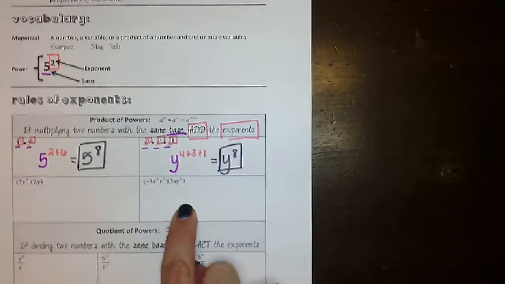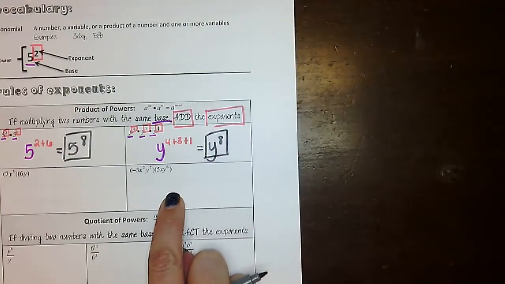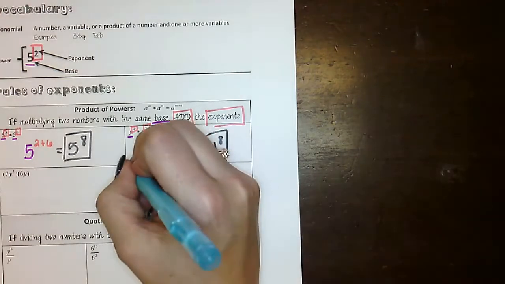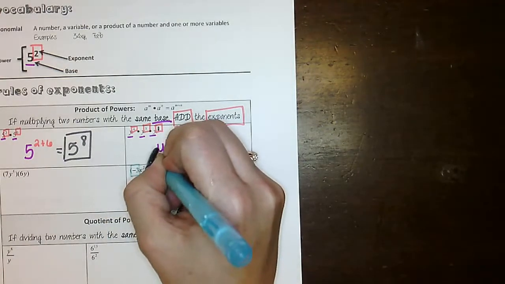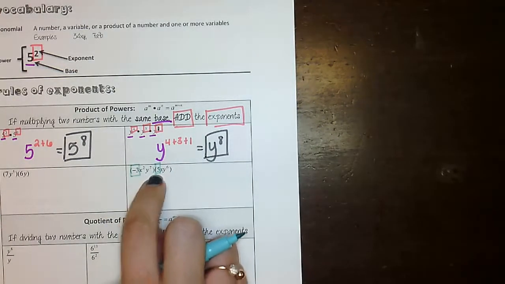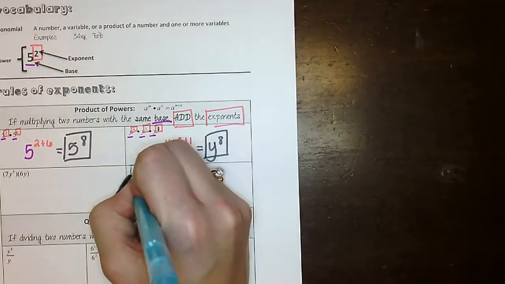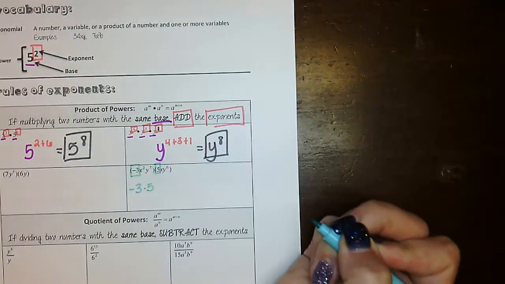Let's look at one very similar right here. So you're going to add like things. So we have our numbers, -3 and 5. We're going to multiply them because right here we have two parentheses next to each other. Two things next to each other means multiplication. So we're going to multiply -3 and 5.